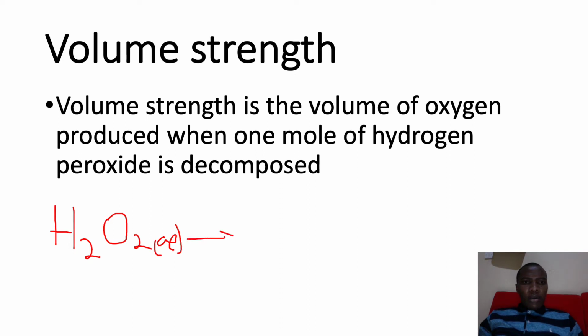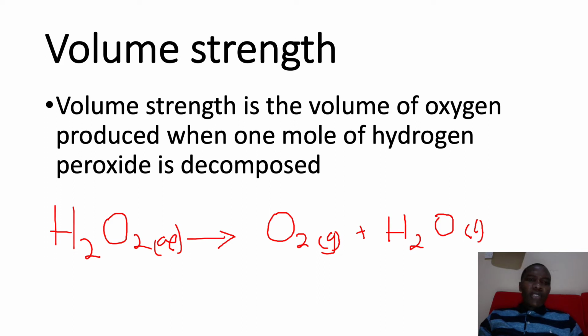It will always decompose to give us oxygen like this, and also water. If this is our equation, then we shall explain that if we are decomposing 1 mole of hydrogen peroxide, then we shall have half a mole of oxygen. That's what we are trying to look at.